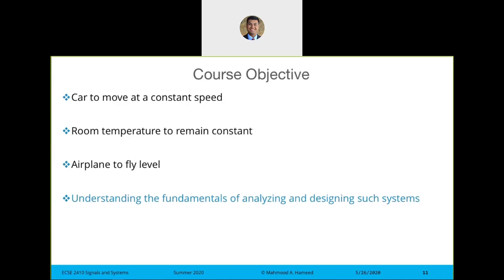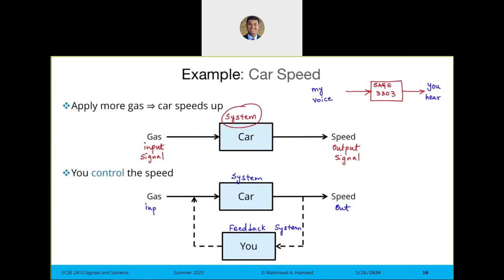So we need to spend some time talking about the signals, their characteristics, how can we express them mathematically, and then we will go into systems. How can we express characteristics of a system analytically, mathematically? And then we will focus on if there were certain input signals to certain characterized systems, can we find out what outputs we will get?